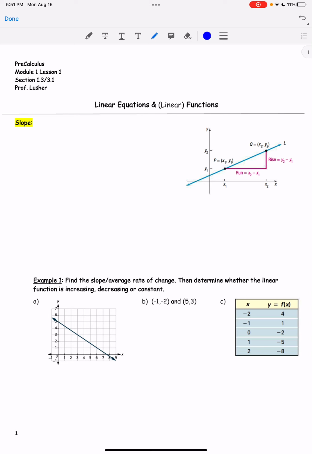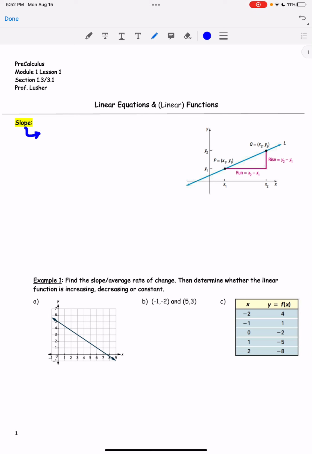In this lesson, we're going to go over linear equations and linear functions. They really are just about the same thing with one exception. In both of these, we need to go over slope.